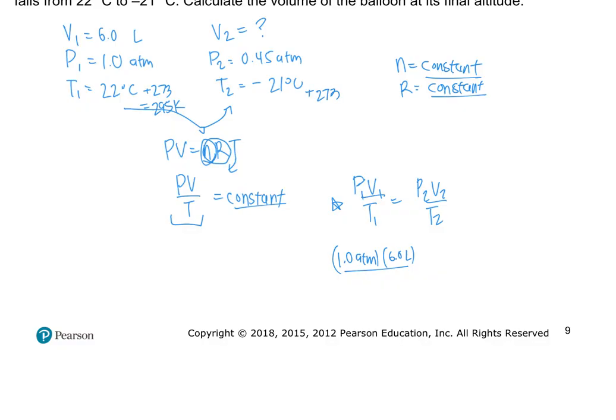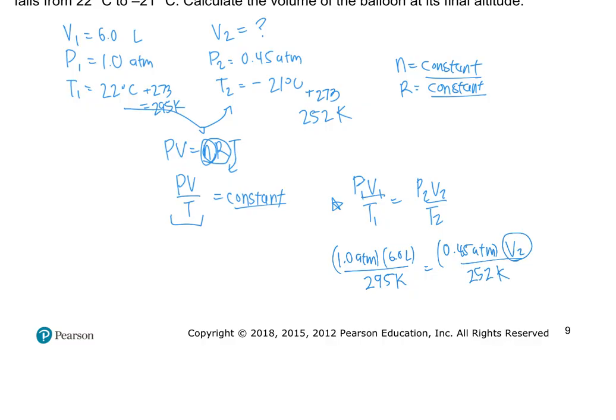And that's going to give us 252 Kelvin. All right, so for conditions 1, 295 Kelvin, that's going to equal our second pressure, which is 0.45 atmospheres, times our volume, we don't know, divided by our new temperature, 252 Kelvin.